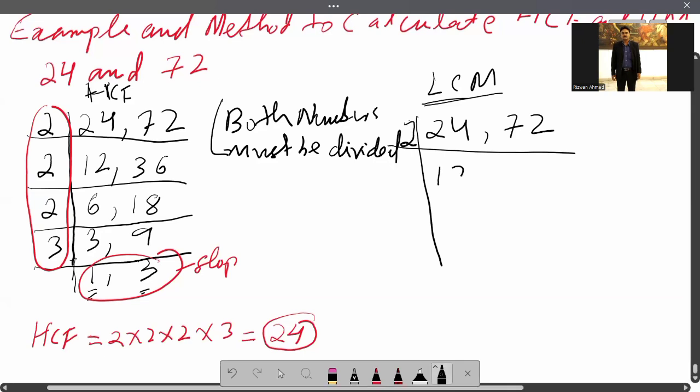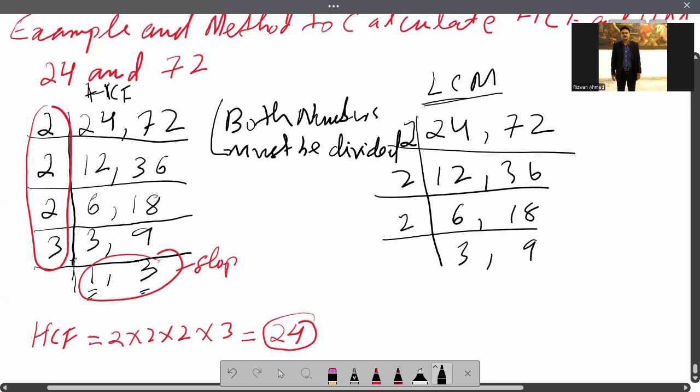So that means 12, 36, still 2, 6, 18, 2, 3, 9, now 3, 1, 3. Look at this. Here we have 1, but we also want 1 here.